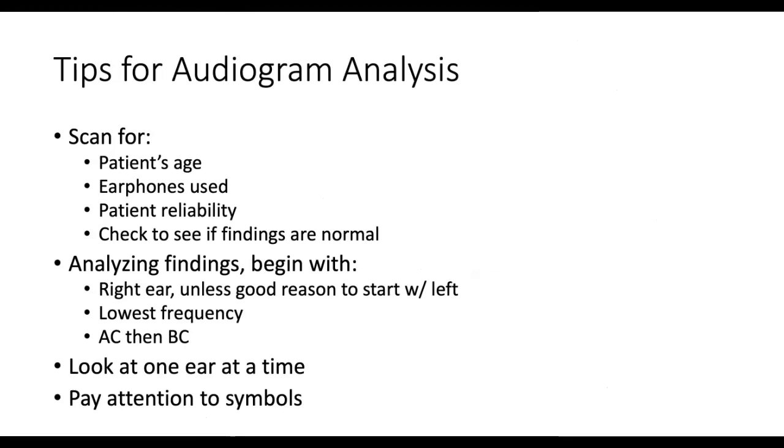Let's go through some audiograms. I want to talk about SRT related to audiograms as well. So again, when we're analyzing an audiogram, we want to look for different things: patient's age, what earphones or transducers we used, the reliability, see if the findings are normal. Again, we want to look at the right ear, left ear, we usually do air conduction, and then we do bone conduction, and then pay attention to your symbols.